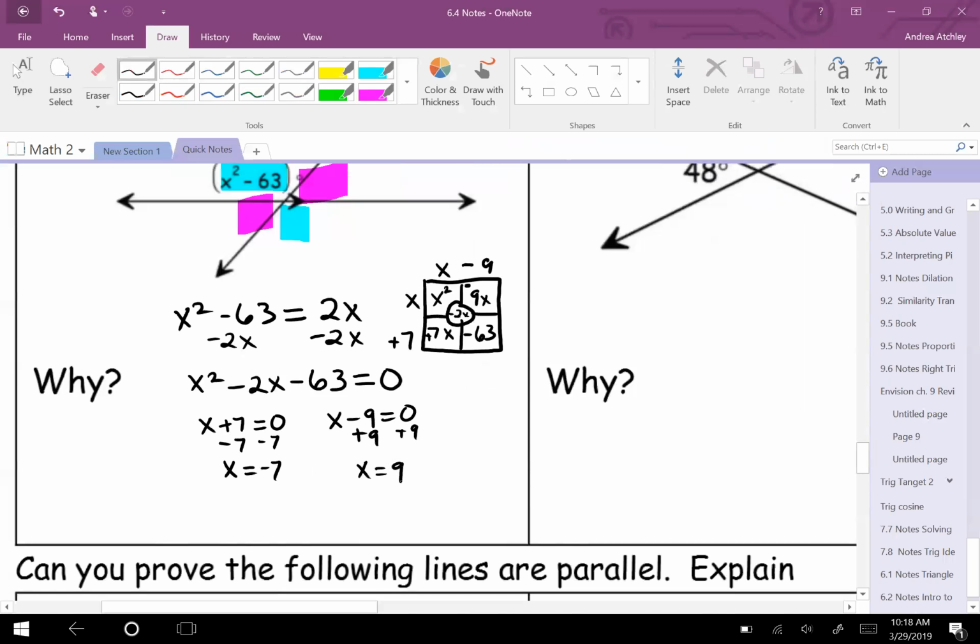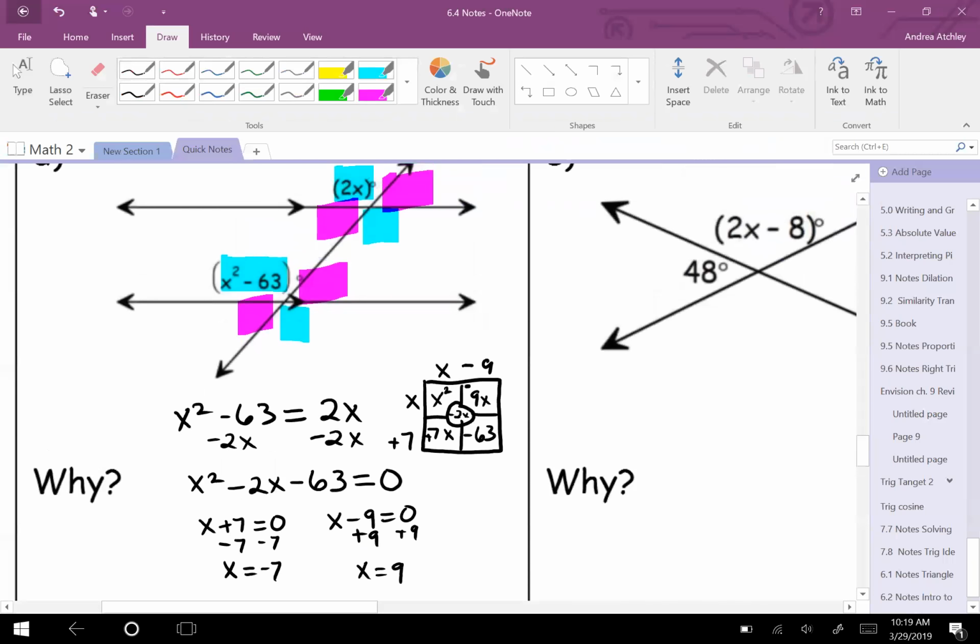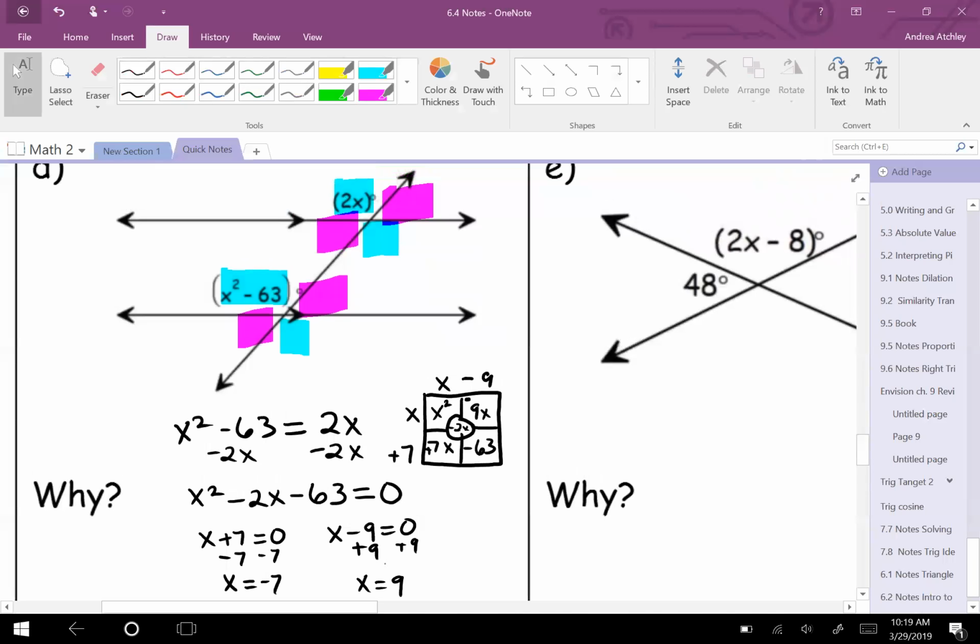Now we need to check those answers. If I go back to my original problem, and I plug x in. So let's start with plugging the 9 into the 2x. So 2 times 9 is what? 18. Can an angle measure 18 degrees? Yes, so we're good. That one works. Let's go to negative 7. 2 times negative 7 is what?